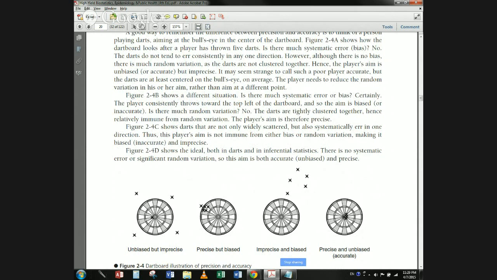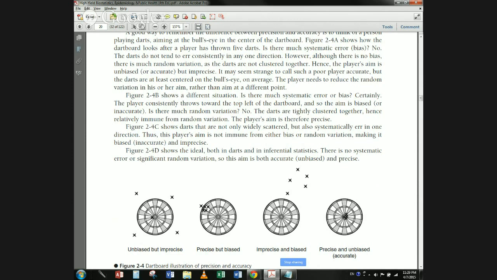Hence, the player's aim is unbiased or accurate, but imprecise. It may seem strange to call such a poor player accurate, but the darts are at least centered on the bull's eye on average. The player needs to reduce the random variation in his or her aim rather than aim at a different point.